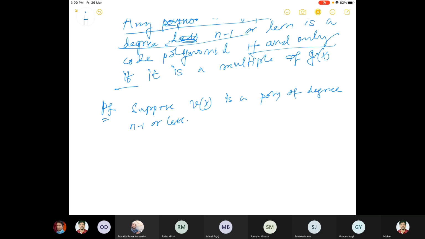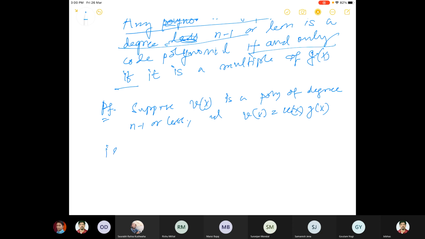So suppose v(x) is a polynomial of degree n minus 1 or less, and let's say v(x) equals some u(x) times g(x). So u(x) has to be of a particular form.